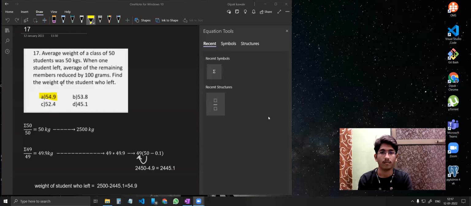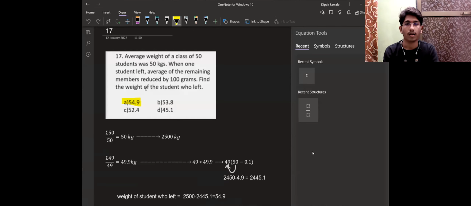Okay, so let's check. Correct. So they are saying that average weight of a class of 50 students was 50 kg.